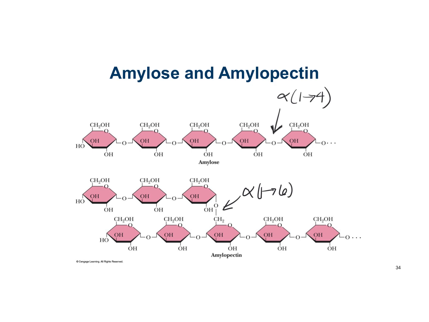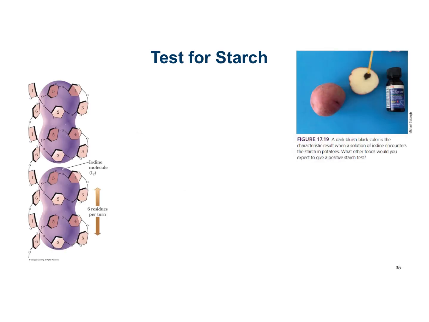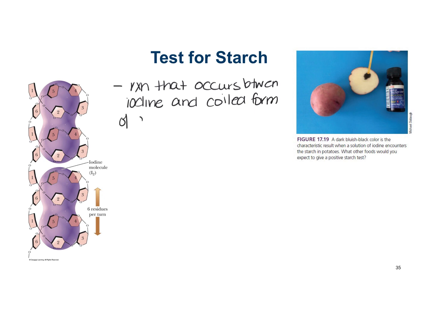Now, we can test for starch, and we test for starch using a reaction between iodine and that coiled form of amylose, which is what I pointed out on the previous slide. So the test for starch is just a reaction that occurs between iodine and the coiled form of amylose, right?